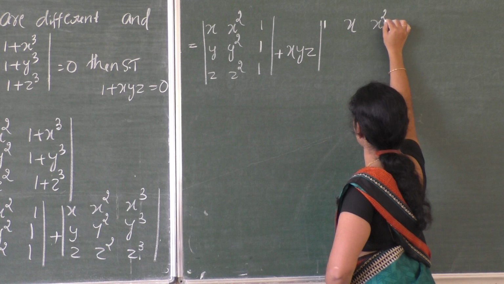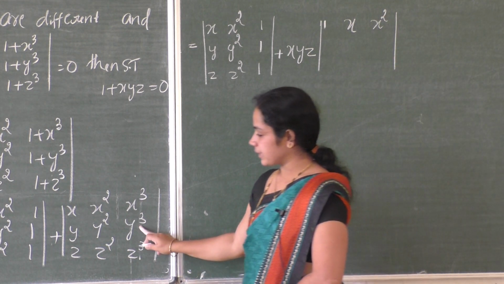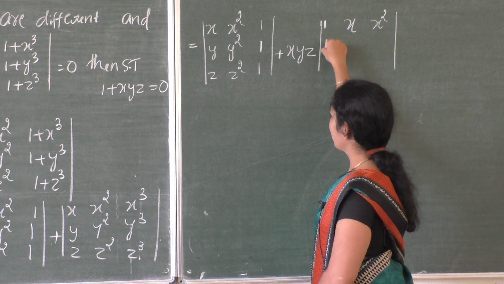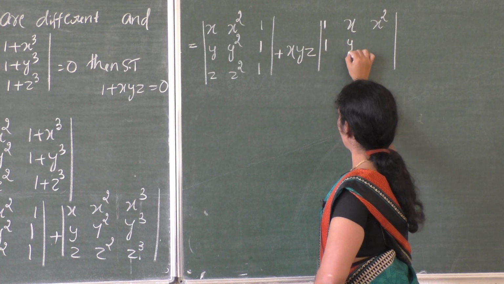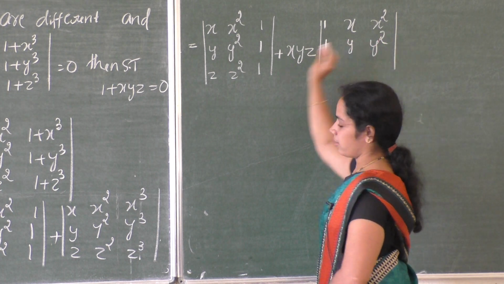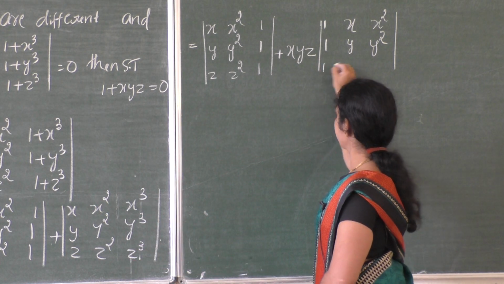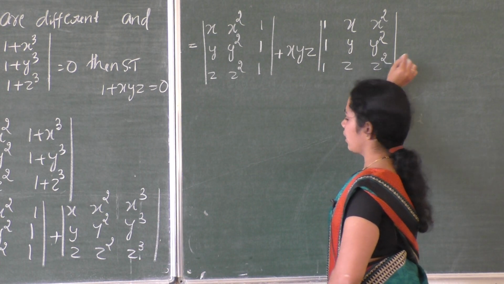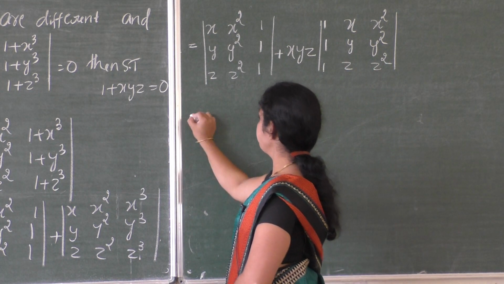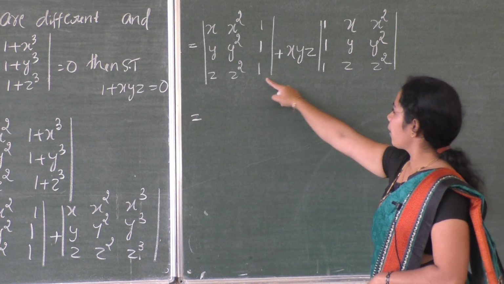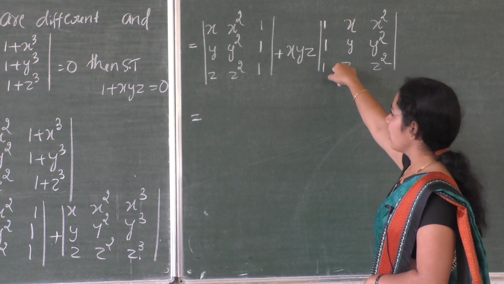From the second row, 1, y, y square. From the third row, 1, z, z square. See, now compare these two determinants. Are they equal?